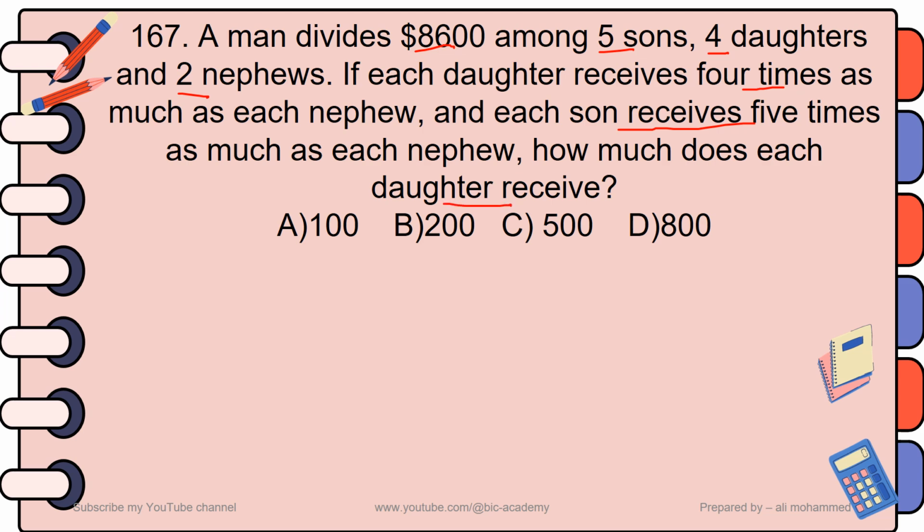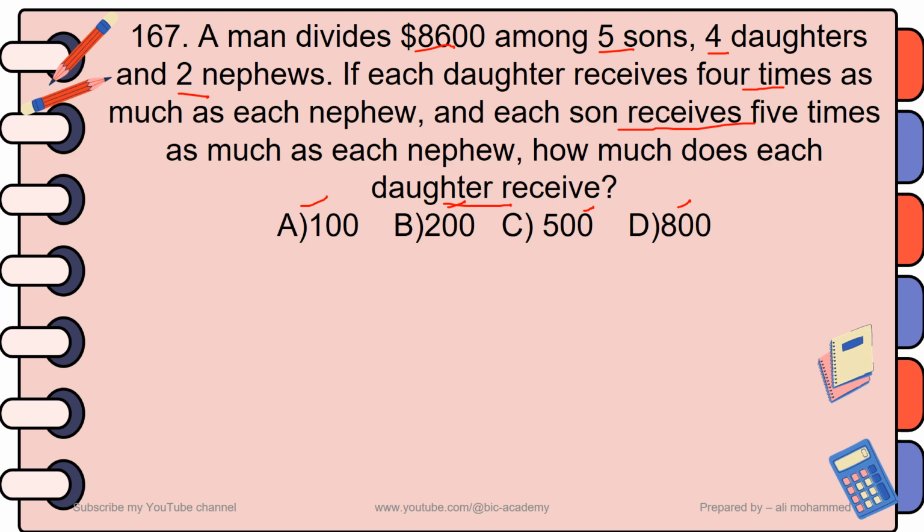A. 100, B. 200, C. 500, D. 800. Now what is given here is a word problem, and you have to convert this word problem into a mathematical equation and solve for what is required here.